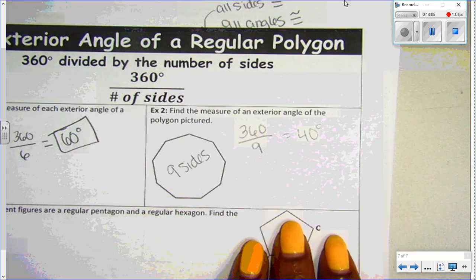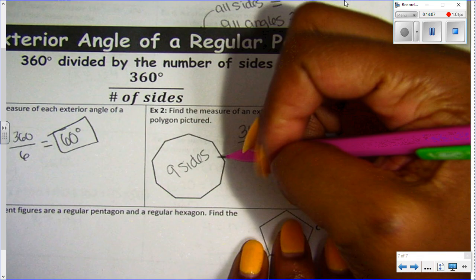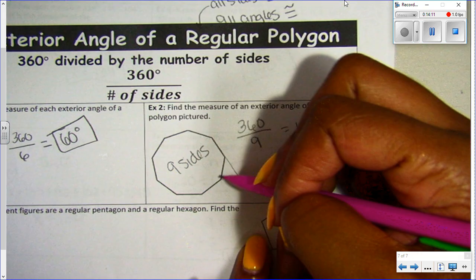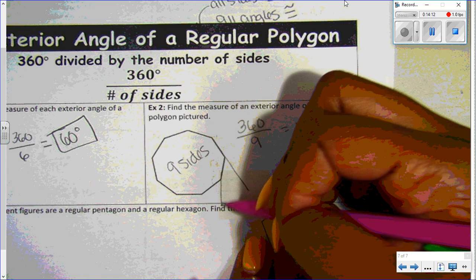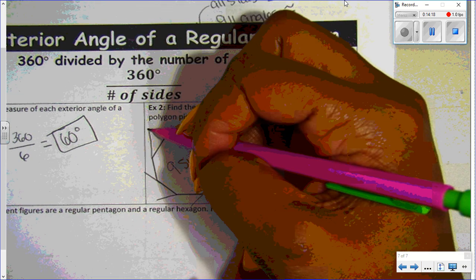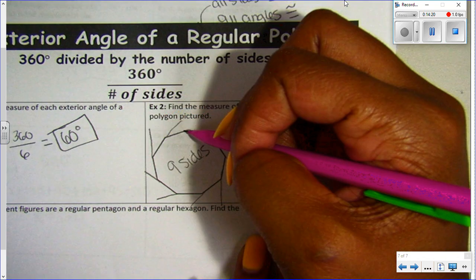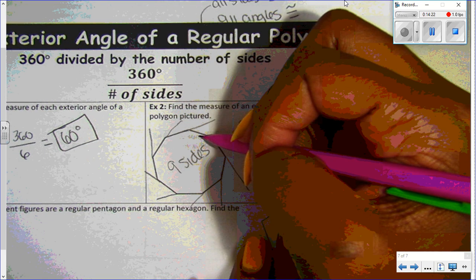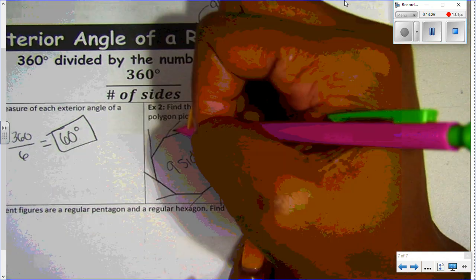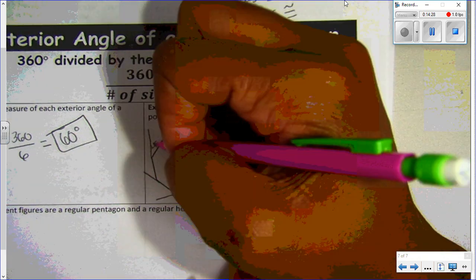And that's 40 degrees. So if I draw to make sure you can see my exterior angles, I just keep extending the sides. And that means each one of these angles is 40 degrees. Okay.